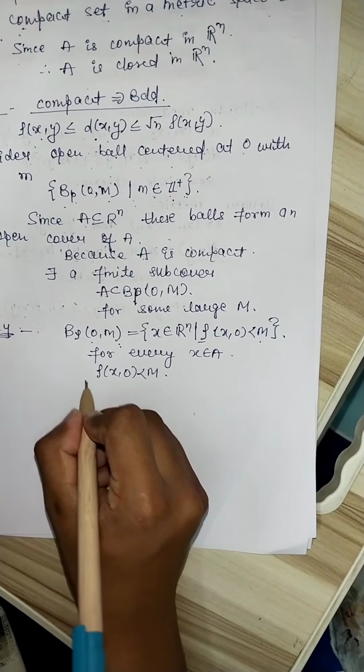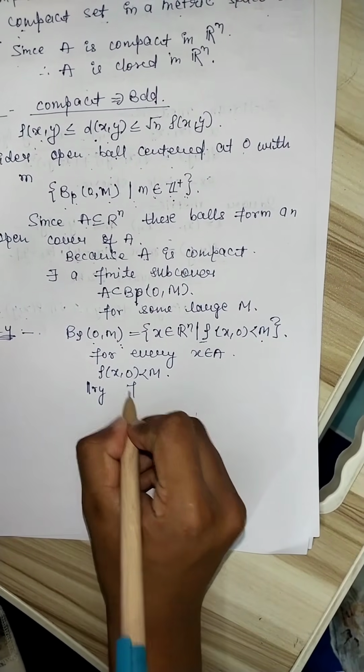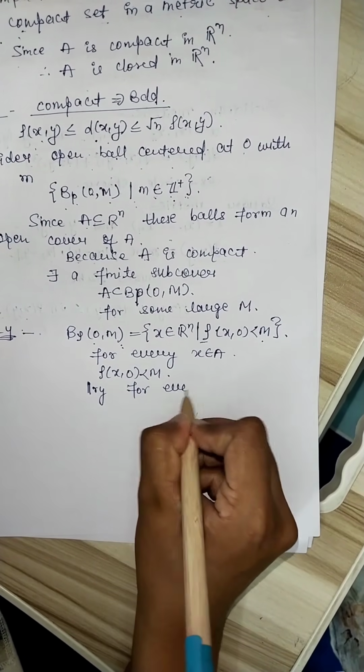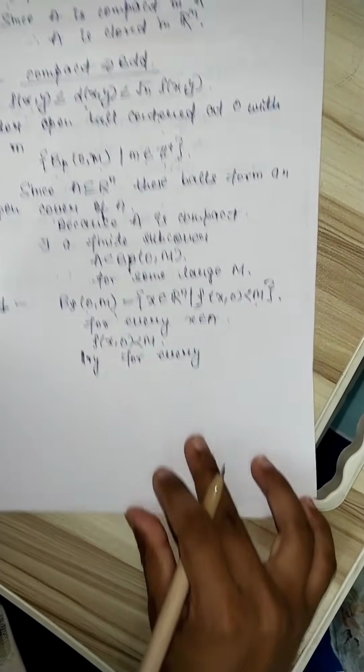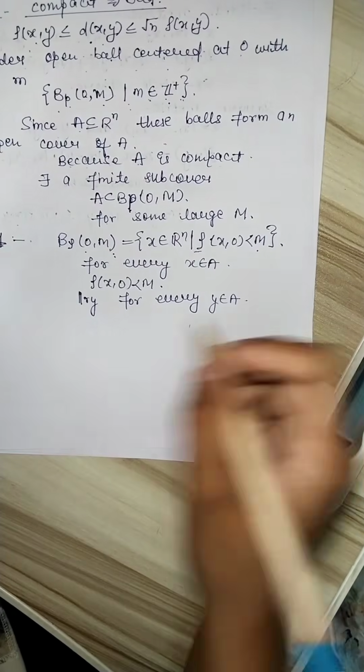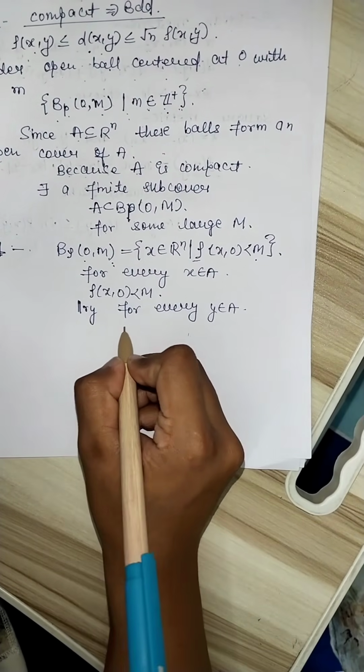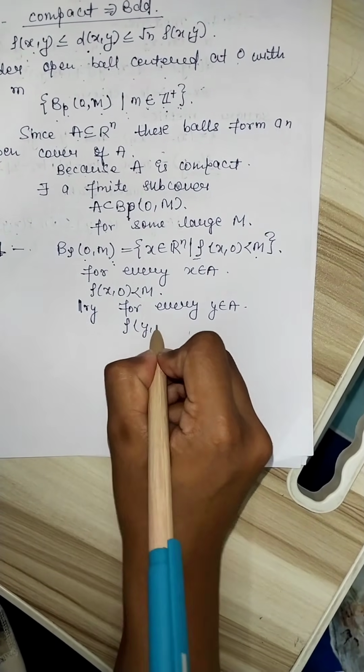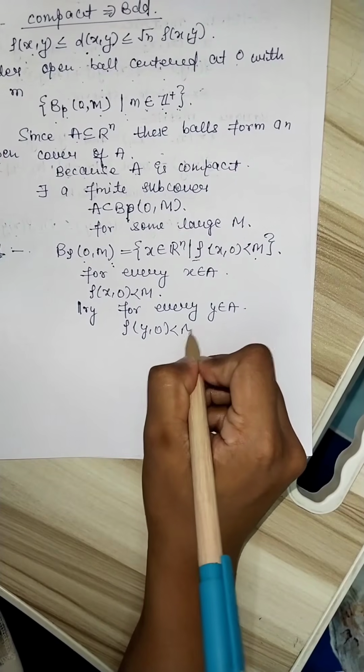Similarly, for every y belongs to A, the distance between y and 0 is less than m.